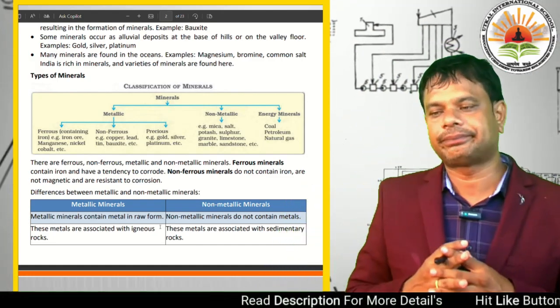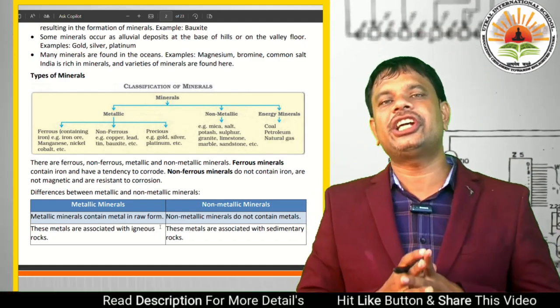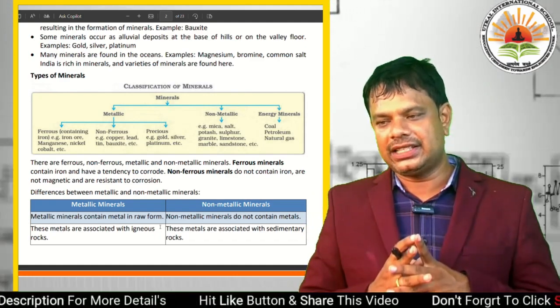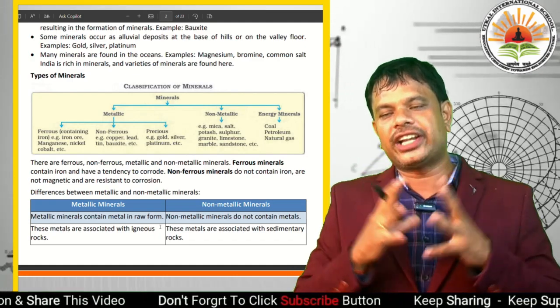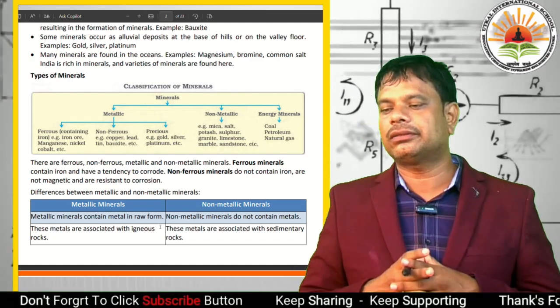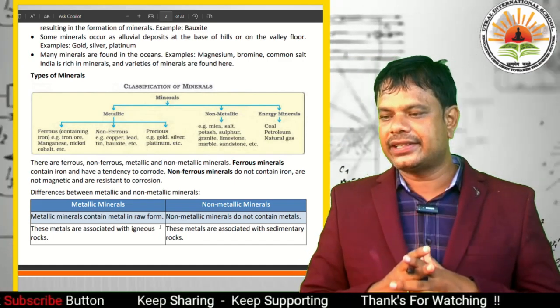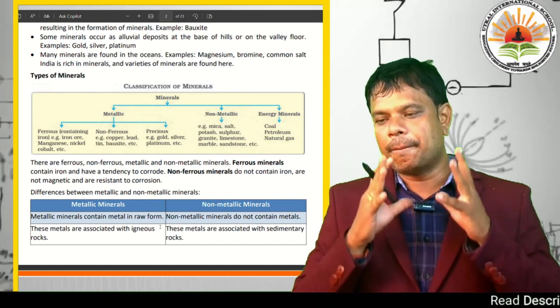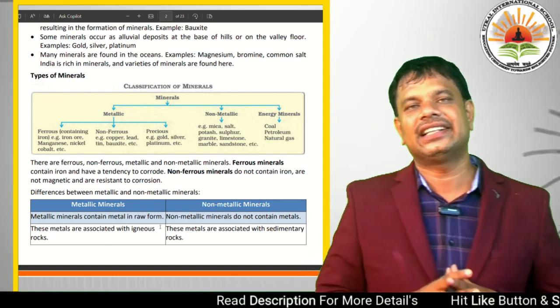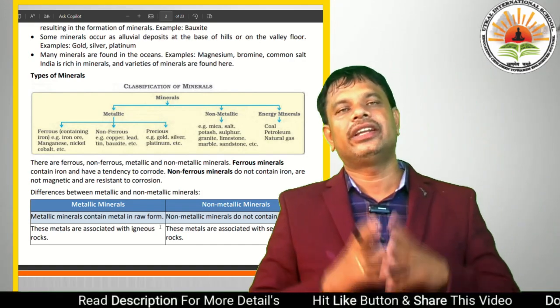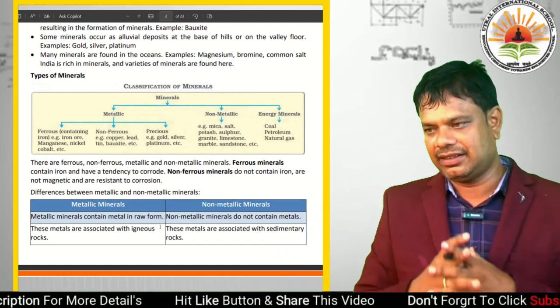Dear students, if we consider non-metallic minerals, mica, salt, potash, sulfur, graphite, limestone, marble, sandstone and granite are examples of non-metallic material.